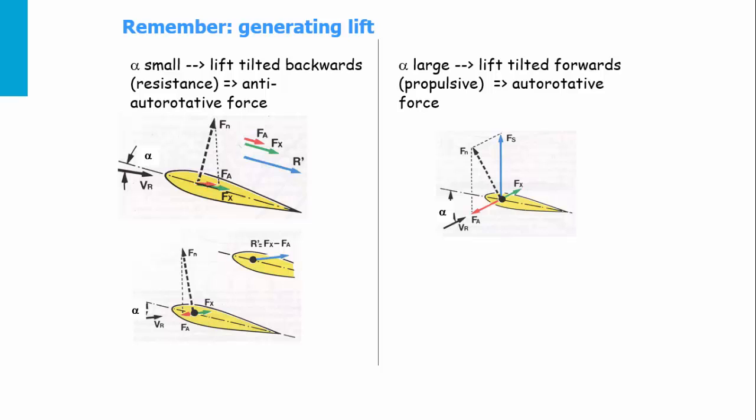It is a resistance force. If the angle of attack is large on the profile, the lift is actually tilted forwards and we are going to generate a propulsive force. It follows that in autorotation we need to generate propulsive force from the lift in order to keep the rotor rotating.